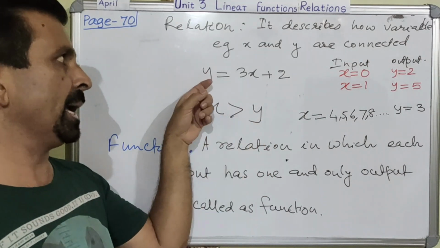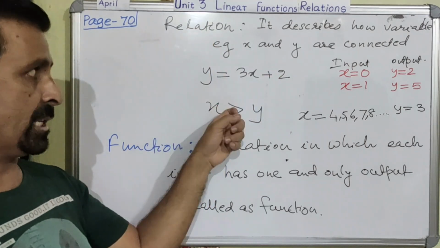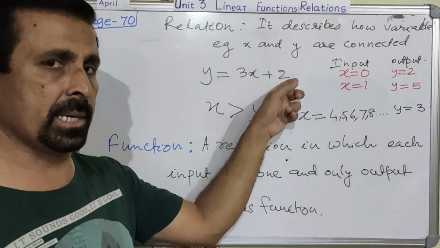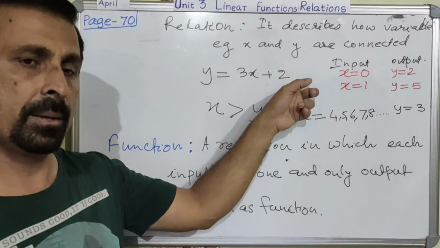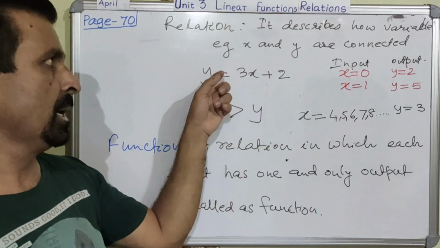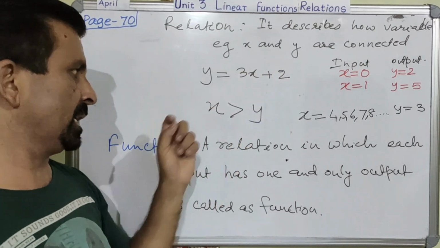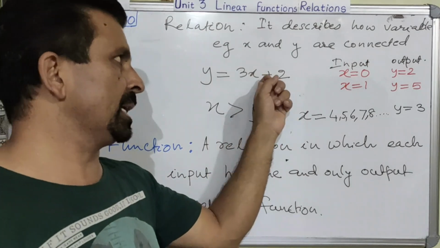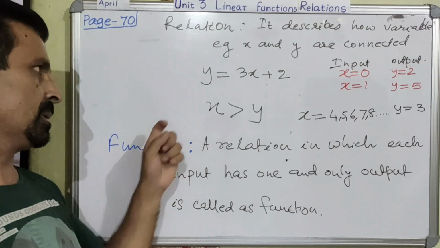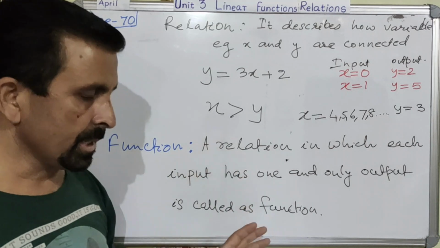Please remember here, any linear equation is a relation, and that is always a function, because in this, for every input, there is one and only one output. Is this okay? This is the one method.